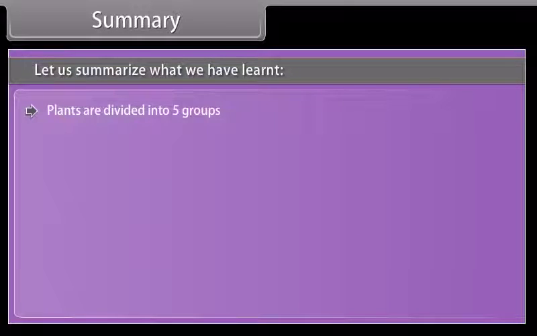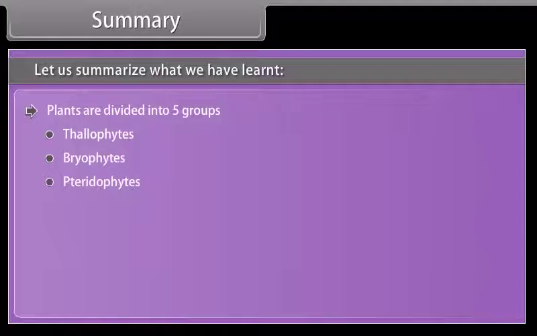Plants are divided into five groups: Thallophytes, Bryophytes, Pteridophytes, Gymnosperms, and Angiosperms.